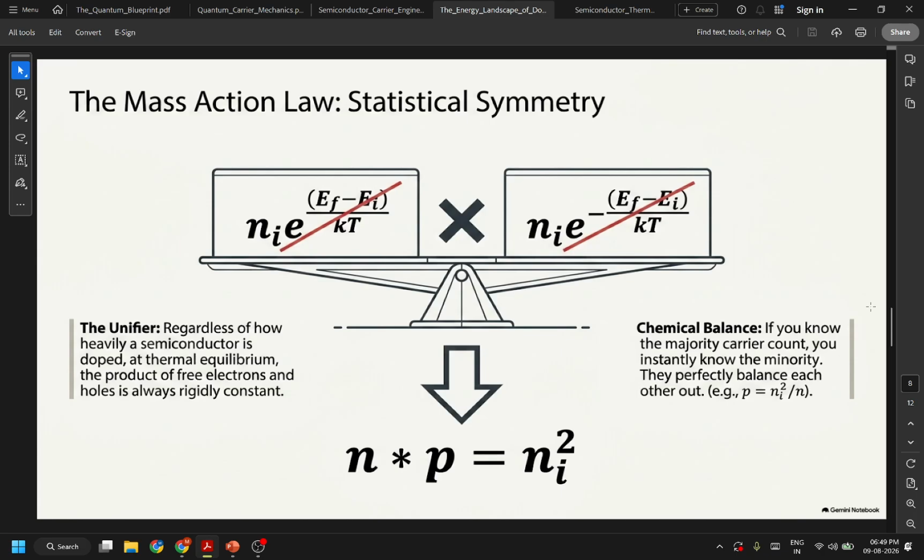So regardless of how heavily a semiconductor is doped at thermal equilibrium, the product of free electrons and holes is always rigidly constant. So if we know the majority carrier count, we instantly know the minority carrier count also, as they perfectly balance each other out. That is P equals Ni square by N.